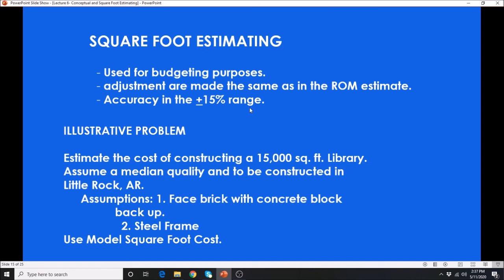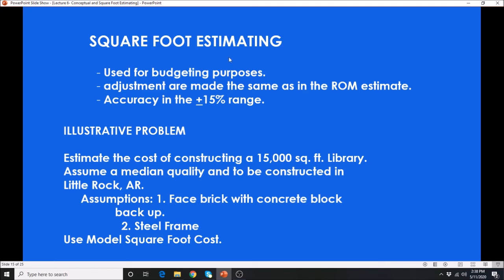The accuracy for this one, because we know a little bit more of the project, goes down now to about plus or minus 15%, unlike the conceptual estimate, which is about plus or minus 20%. They have the same adjustment as in your ROM or conceptual estimate. They are adjusted based on the size, the location, and the time.